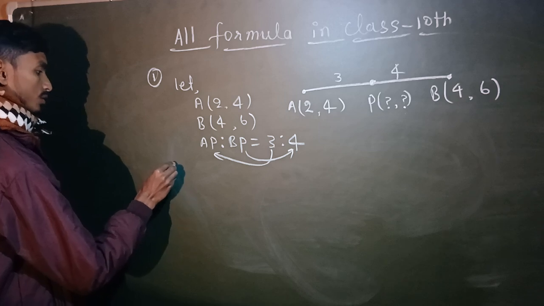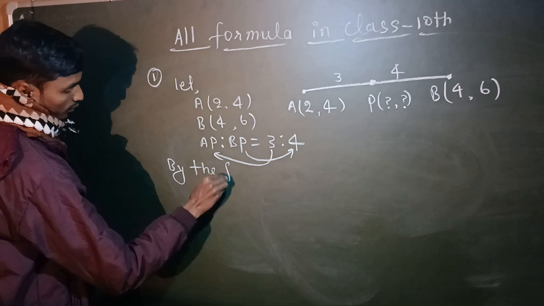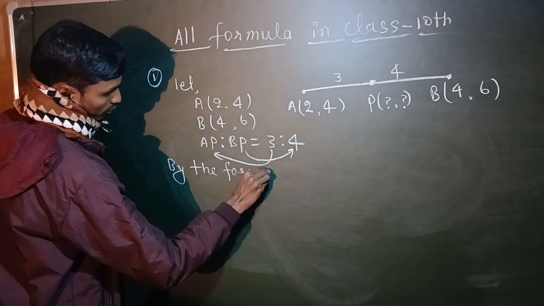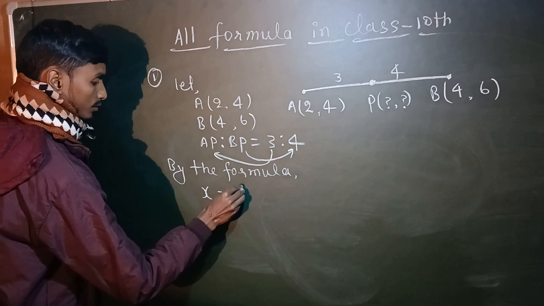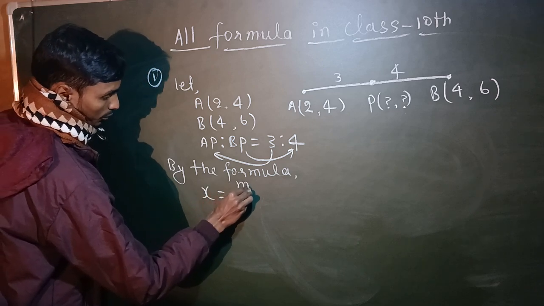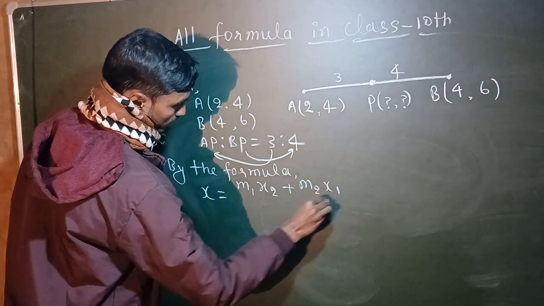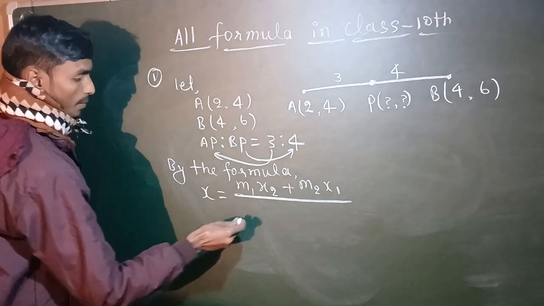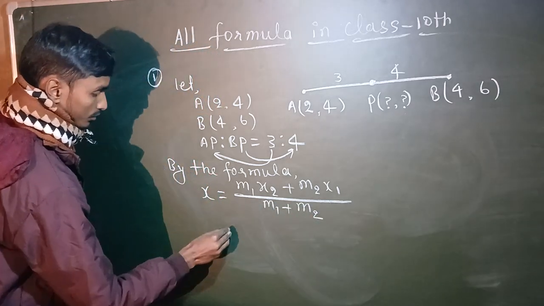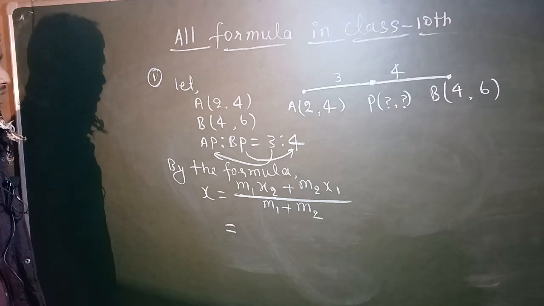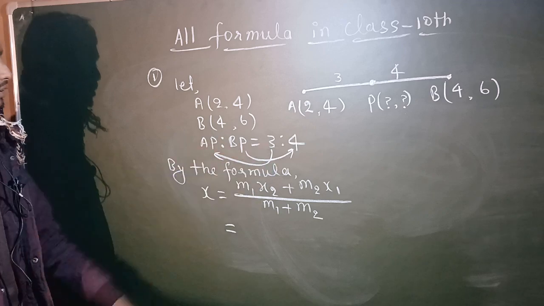First, by the formula x equal to m1 x2 plus m2 x1 upon m1 plus m2. m1 value is 3.